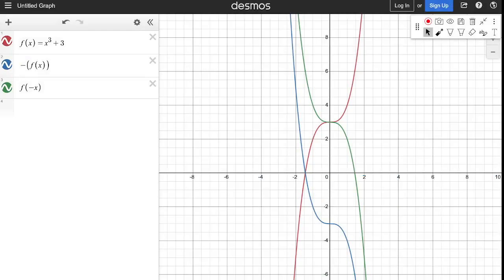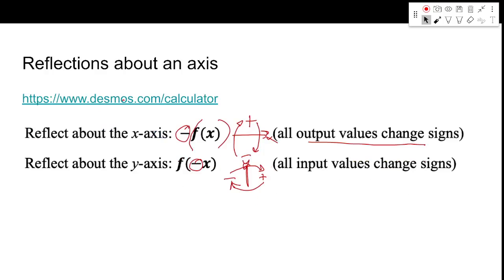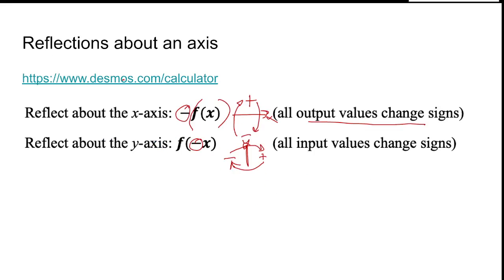We're going to just delete all of that. Okay, so that's reflections. When we reflect about the x-axis, it's a negative on the outside affecting the y. Reflecting about the y-axis is a negative on the inside affecting the x's. Okay, so that's one of the things with the graphing.